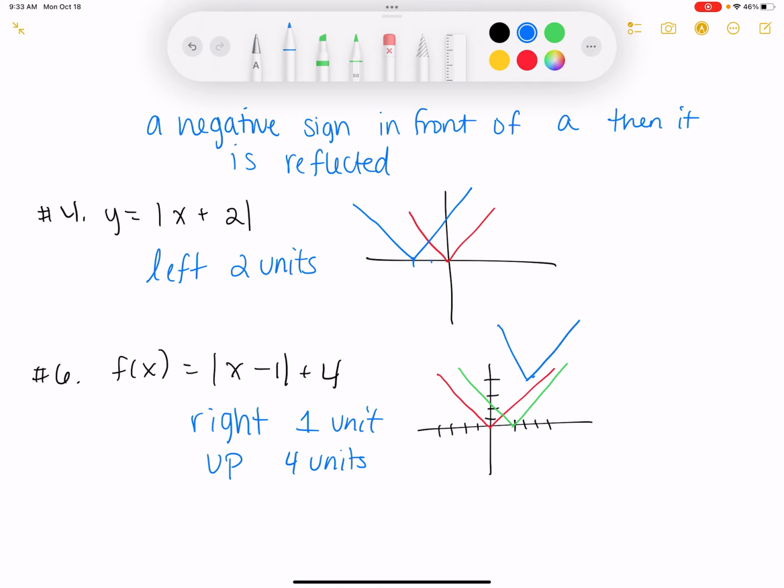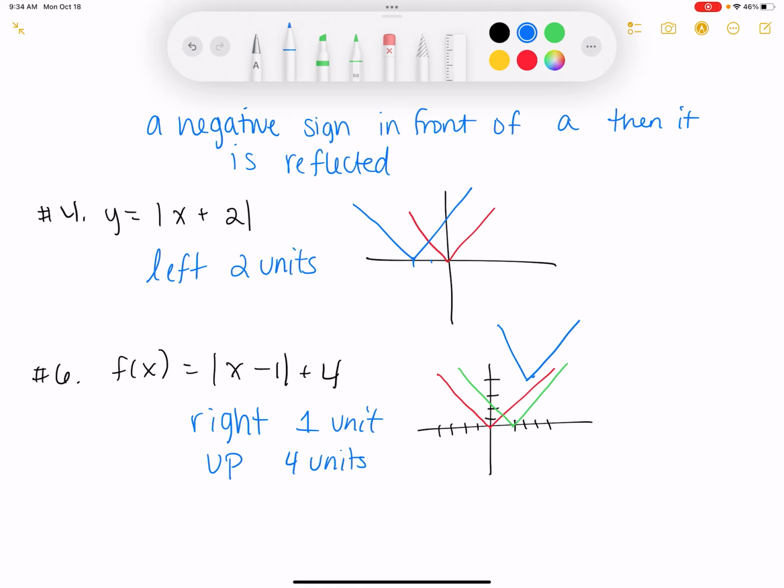Sometimes they want you to show every single one. Some teachers want you to show every single one. I'm obviously not asking you to show any of them. However, that is what's happening. It's first going right, and then it's going up, or you could go up and then go right. It doesn't matter. If I'm doing 2 shifts, where one is right or left and the other is up or down, I'll go ahead and do all of that in one.